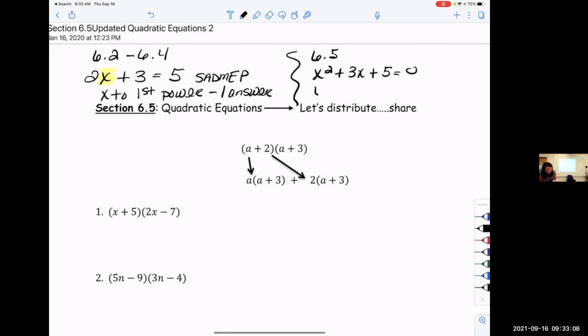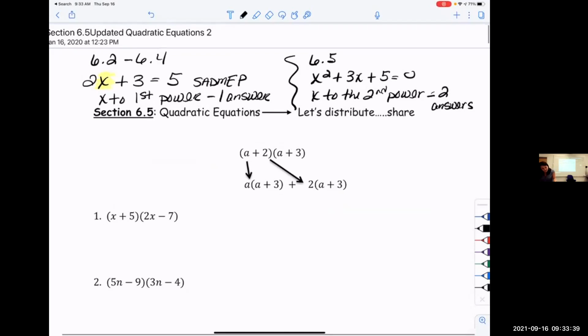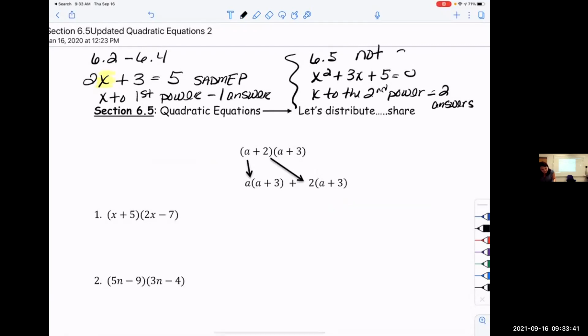And so you've got x to the second power. So if you've got x to the first power, you get one answer. Guess how many answers you get if you have x to the second power? 2 answers, okay? Guess how many answers you get if you have x to the third power? Yeah, and so on, and so on. Okay, so this is not going to use SADMAP.